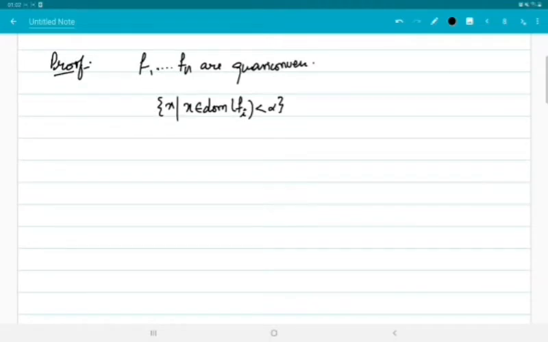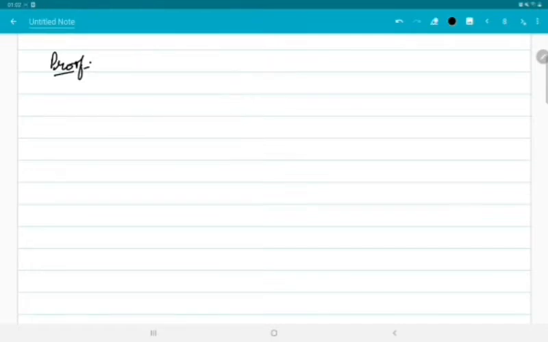So now if we are trying to weight this, we try to prove this property. So we start by the fact that all the f1 through fn are quasi-convex.